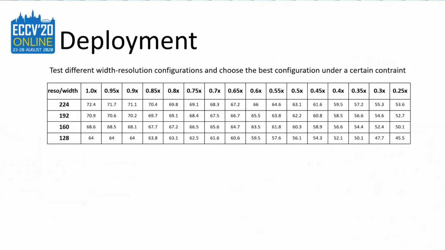So we tested the performance of different width-resolution configurations. This table shows the results of MutualNet V1. Here, we sample the network width by a step of 0.05. But if you want a more fine-grained table, you can sample the width by a smaller step.